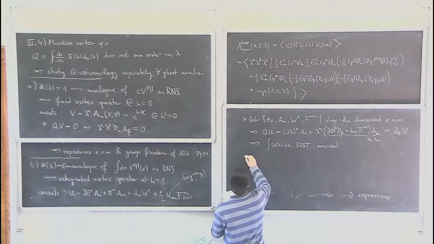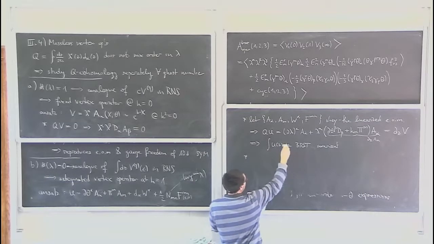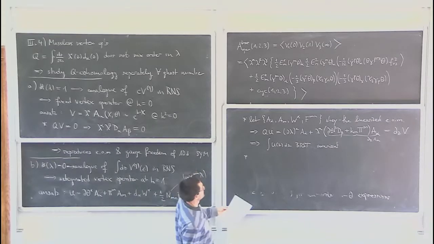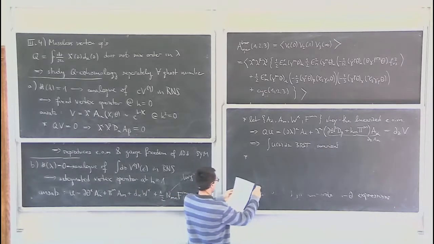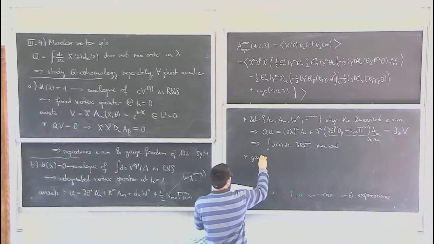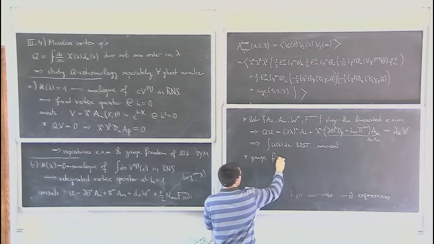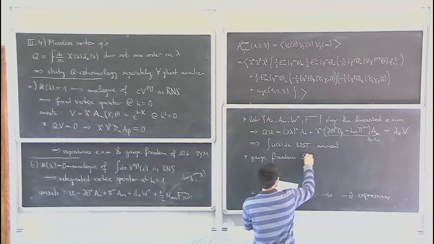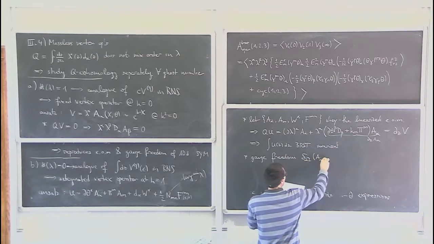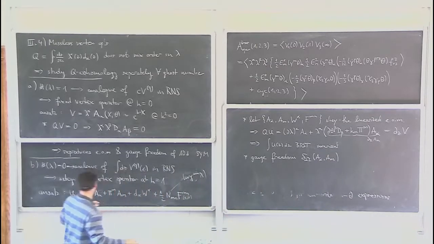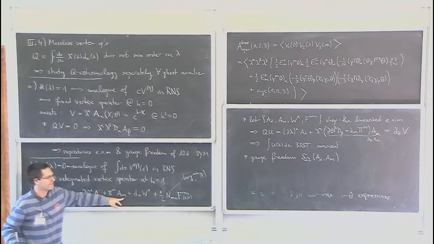Okay. So this was the story about BRST closedness. And also we should check the issue with BRST exact states. So let's again note gauge freedom in the integrated vertex operator. Suppose you do a simultaneous transformation of A alpha and AM.